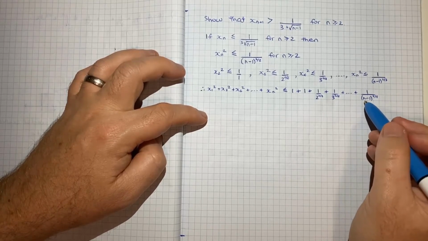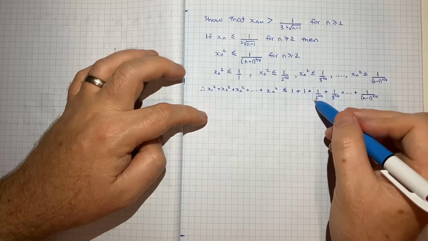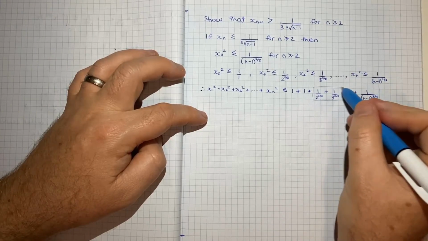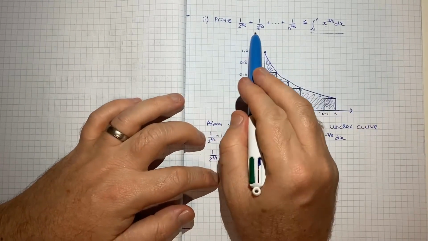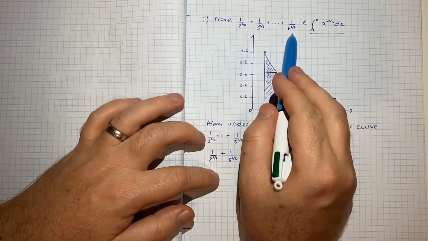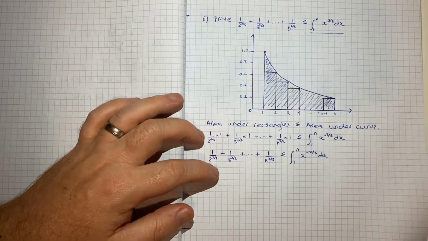And that hopefully looks familiar. This part here is very similar to what we've seen here. All it is, instead of going up to n, we're just going up to n minus 1.